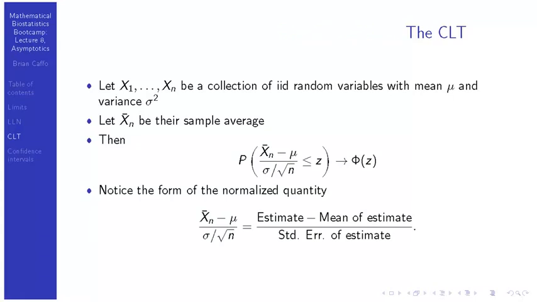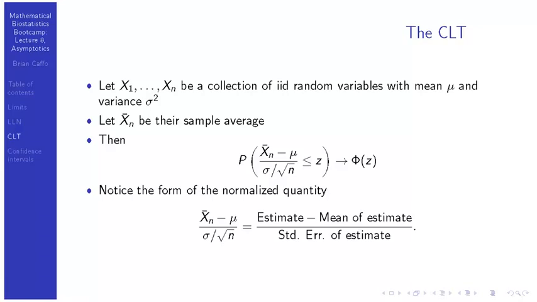Let X1 to Xn be a collection of IID random variables. They come from some population with mean mu and variance sigma squared. Let Xn bar be their sample average. Then let's look at the distribution function of the normalized mean: we take Xn bar, subtract off its expected value, mu, and divide by its standard deviation, sigma over square root n.